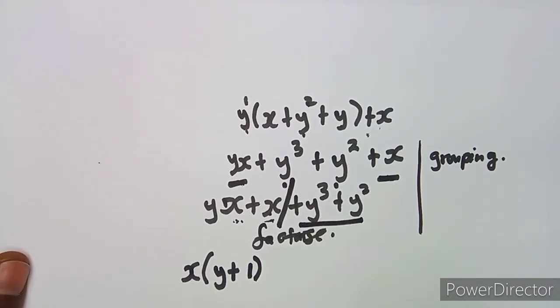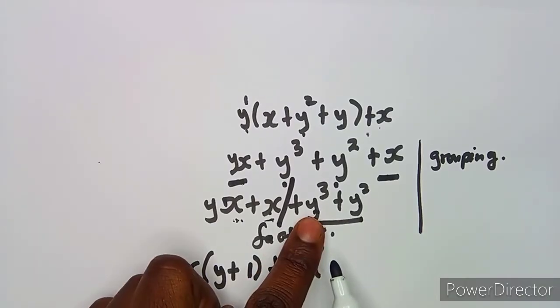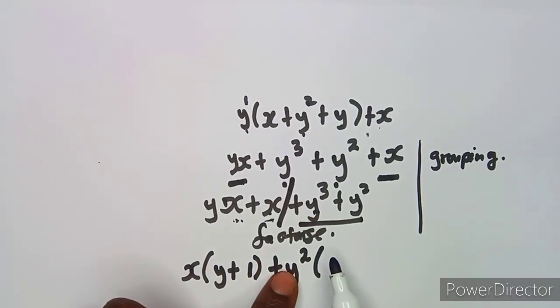From these 2, what is common? What is our highest common factor? Remember, the highest common factor, when you've got same letters like this, you take the one with the smallest exponent. So your highest common factor is y squared with the smallest exponent. Then you do the same, you divide y to the exponent of 3 divided by y squared.